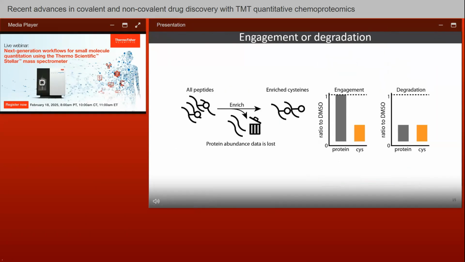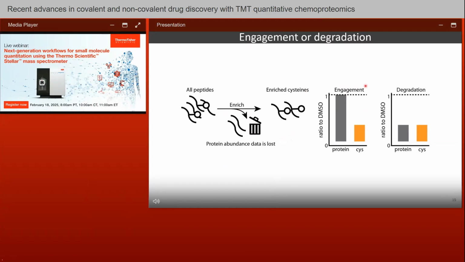And the last challenge we're dealing with is how we can differentiate engagement from degradation, right? If you remember the workflow, we start with all these treated samples and peptides. We only enrich for those DBIA-labeled peptides, and we discard all the other peptides that represent protein abundance.